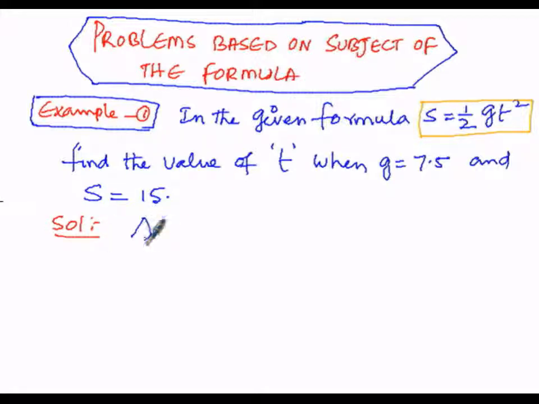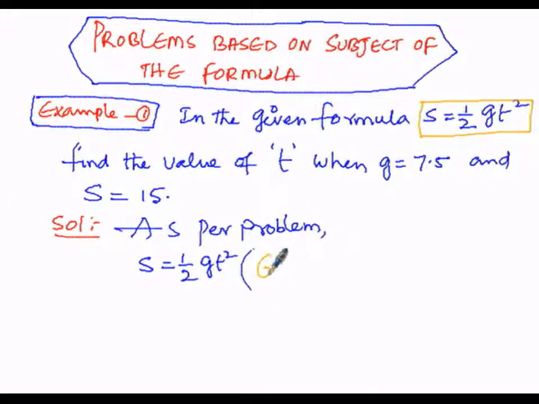As per the problem, the given formula is S equals half into g t square, in which S is the subject.